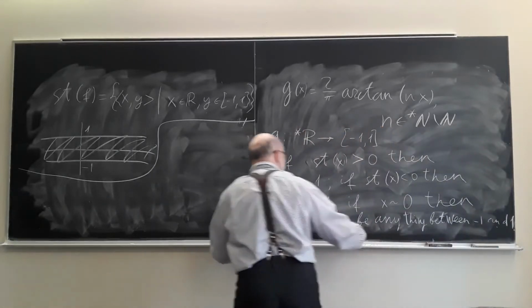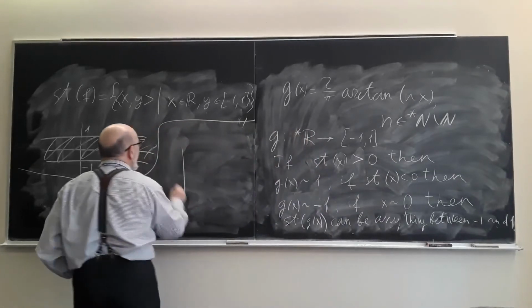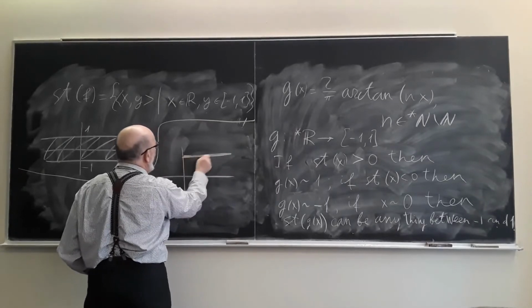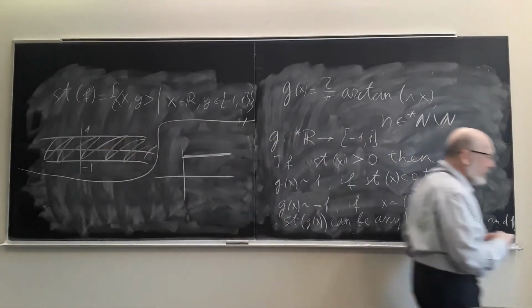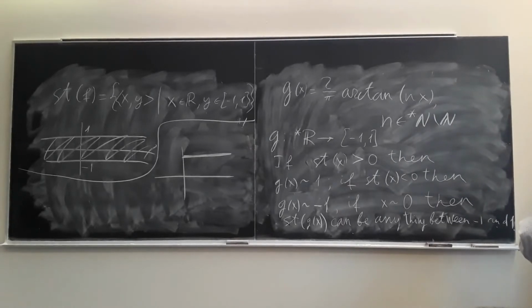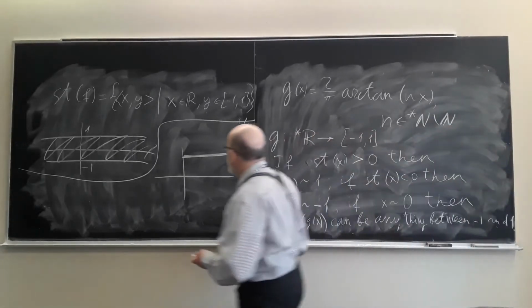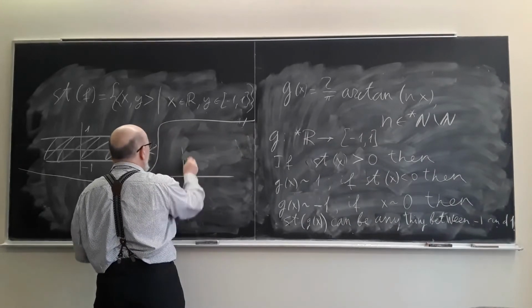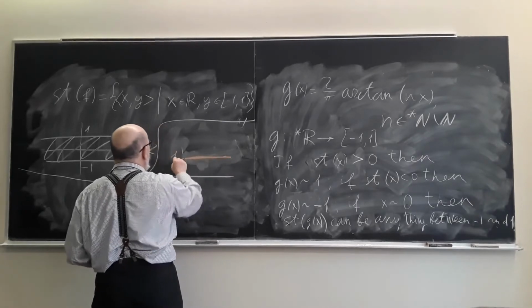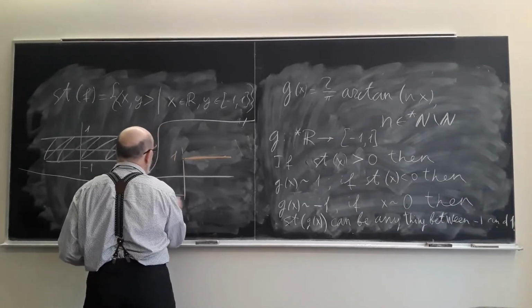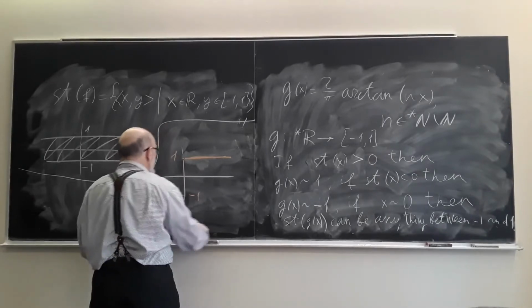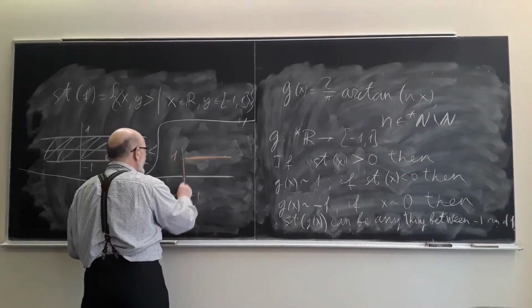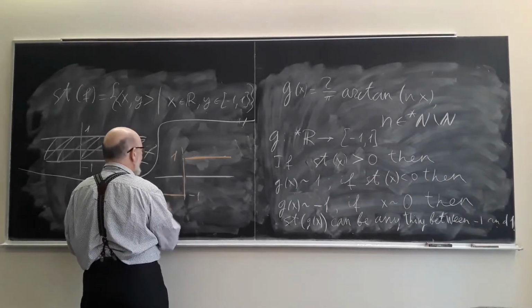And so we have the following beautiful picture. g of x here is 1, here it is -1, and also we have to add this vertical segment.